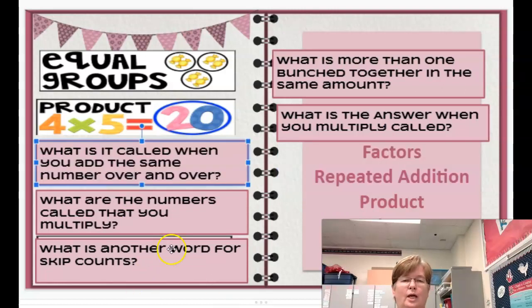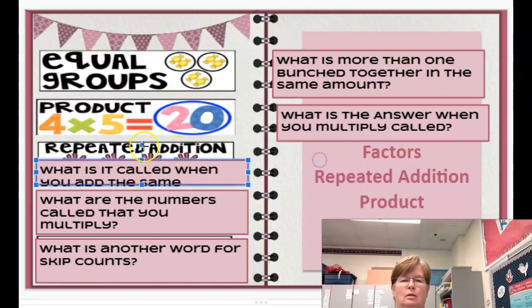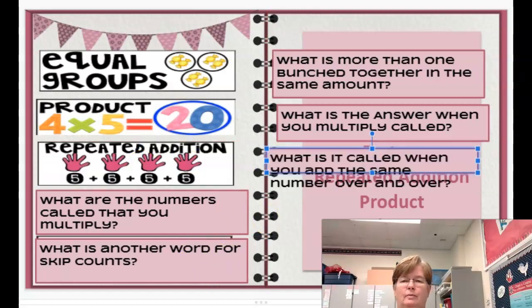Oh, wrong. Scratch that last slide. What is it called when you add the same number over and over? That is called repeated addition.